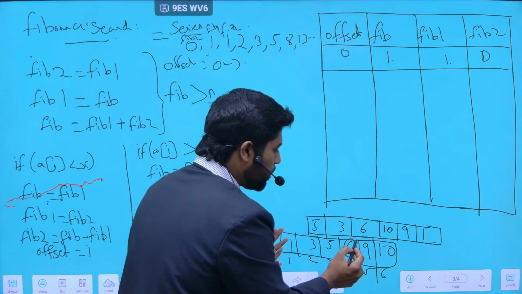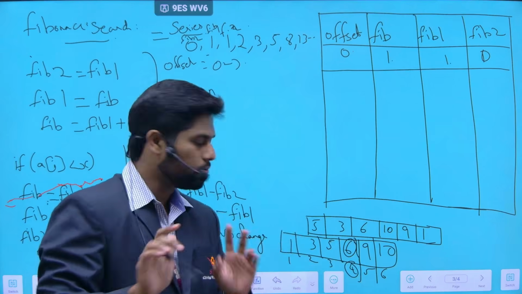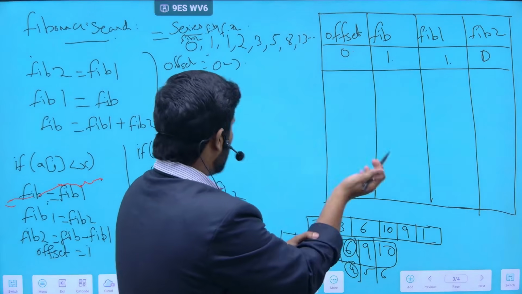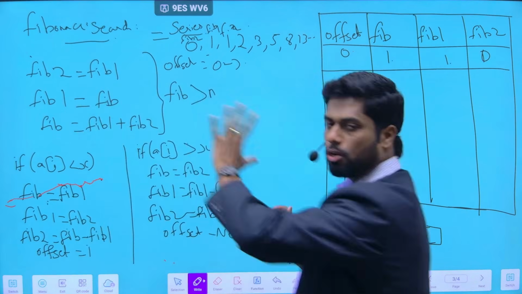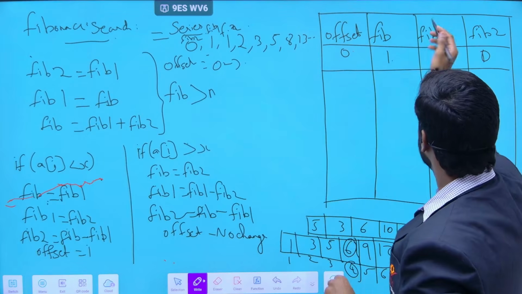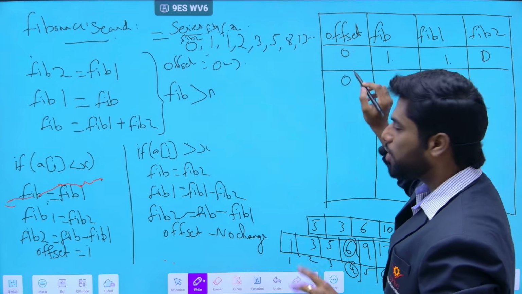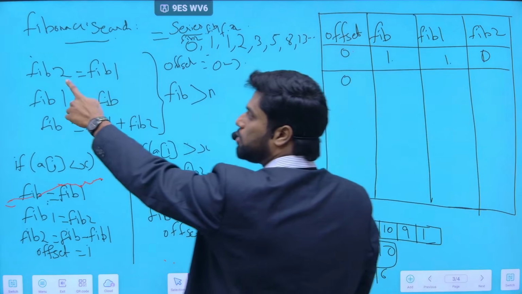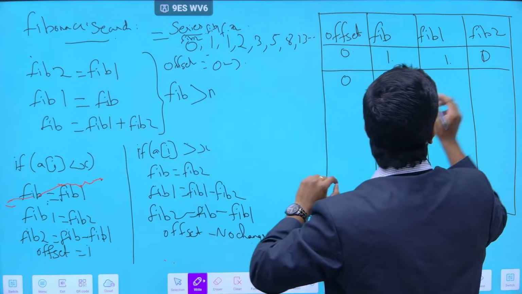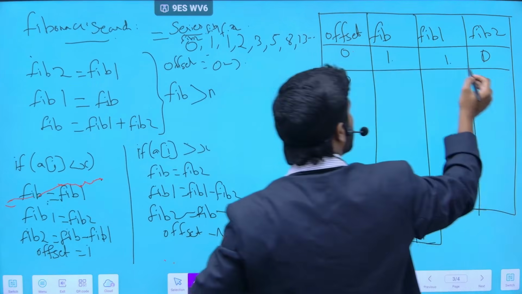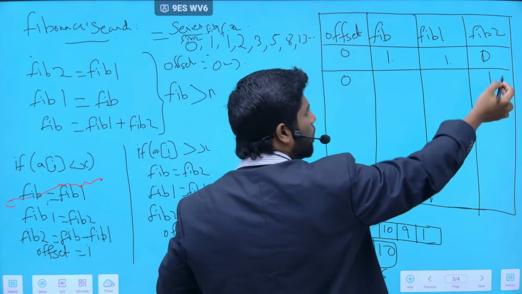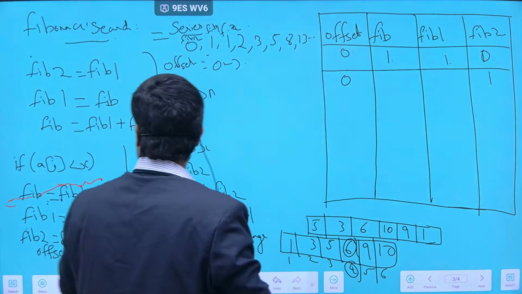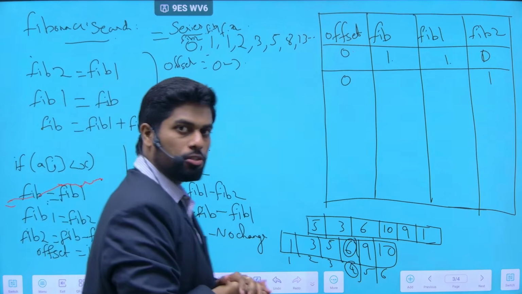These two are the major things as of now. Now we are going to substitute all the formulas here. Offset, let it be 0 again. Fib 2 equal to fib 1, which is 1. Next, fib 1 equal to fib.